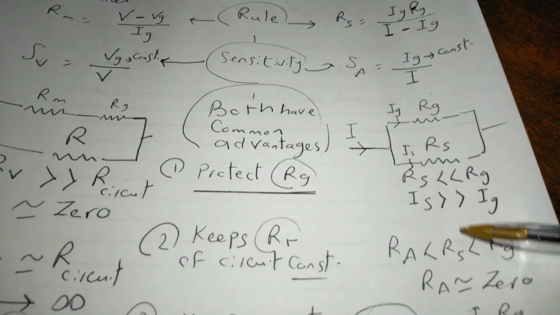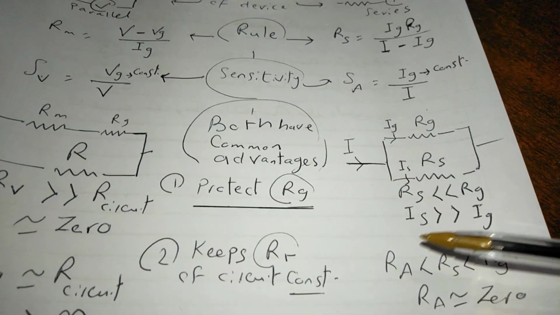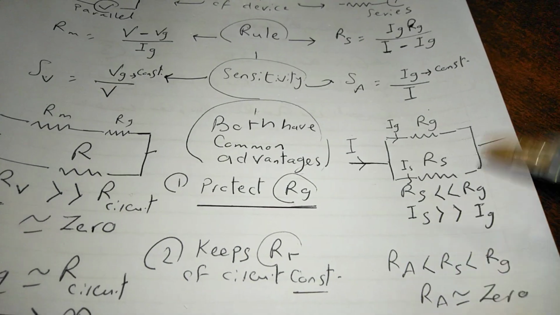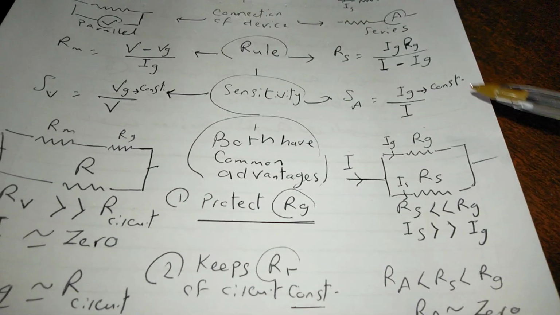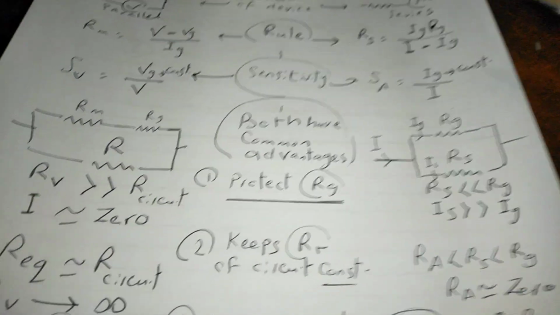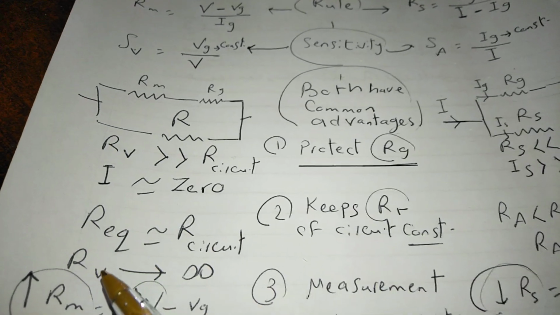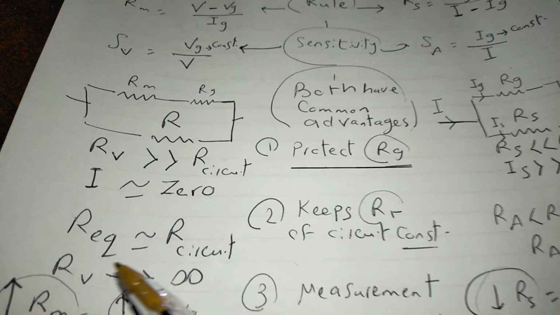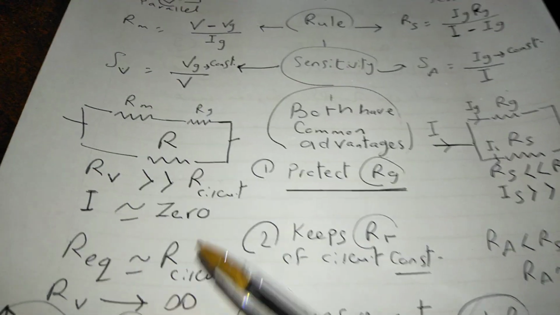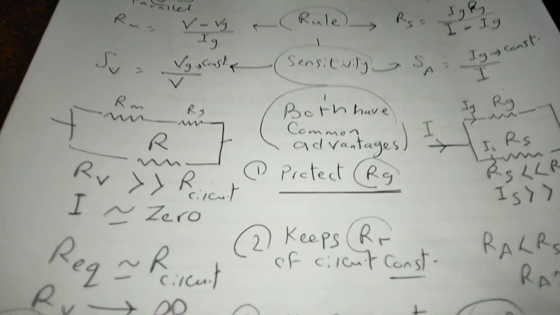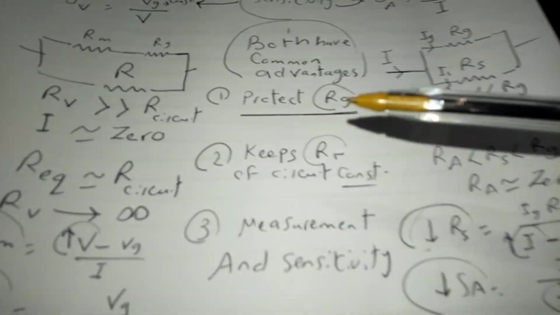This is because the shunt resistor is a very small value, and in parallel connection the equivalent must be less, and that's why we can neglect the resistance of the ammeter in the circuit. On the other hand, the property that R voltmeter is very large makes R equivalent after connection nearly equal R circuit, and that's why we connect both at the same time to keep R total constant.